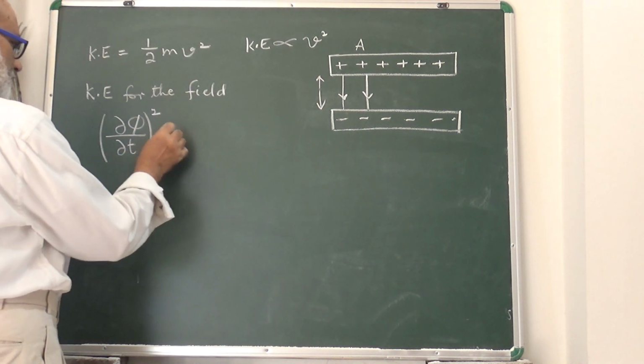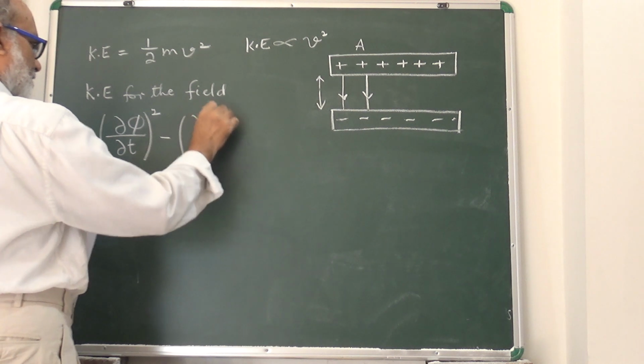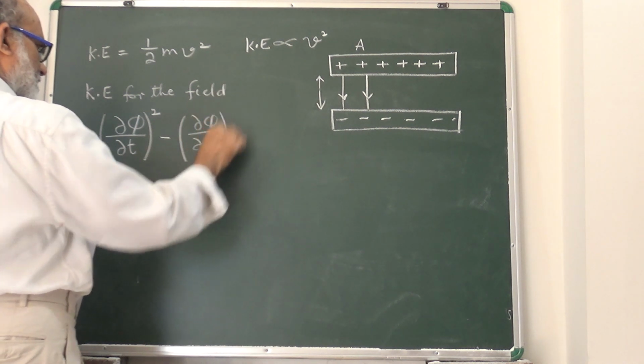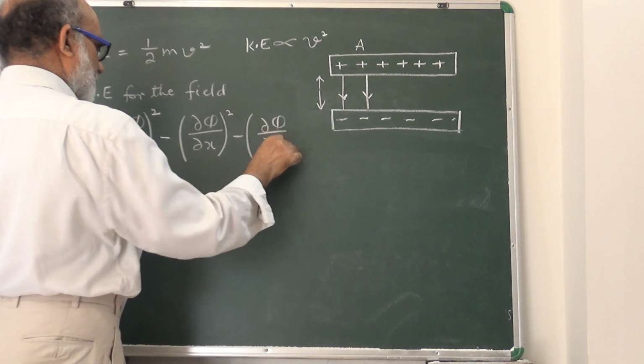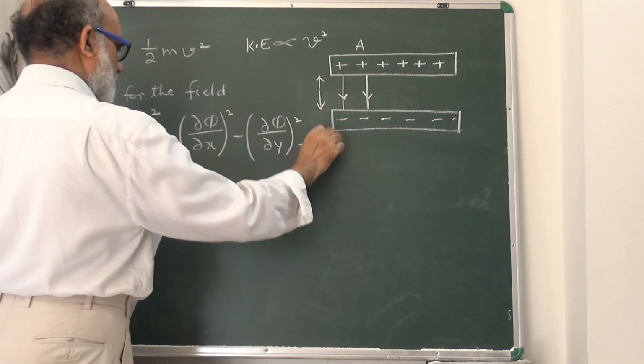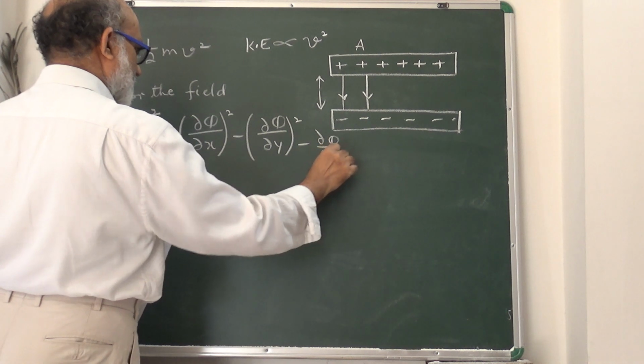Now, this is del phi by del x square, del phi by del y square, del phi by del z square.